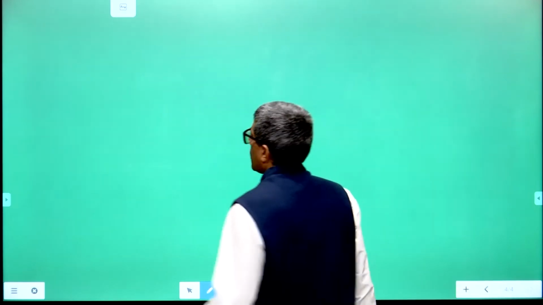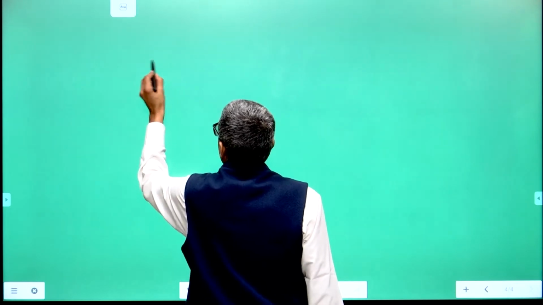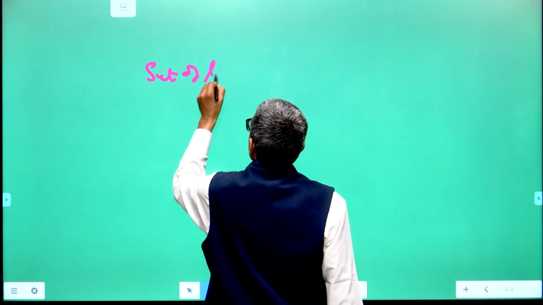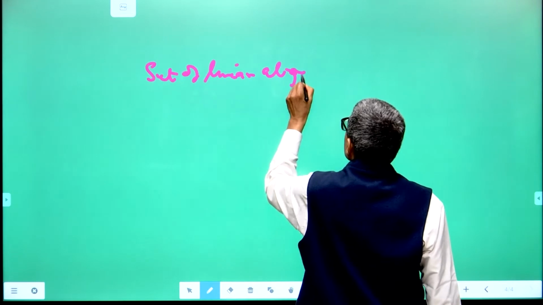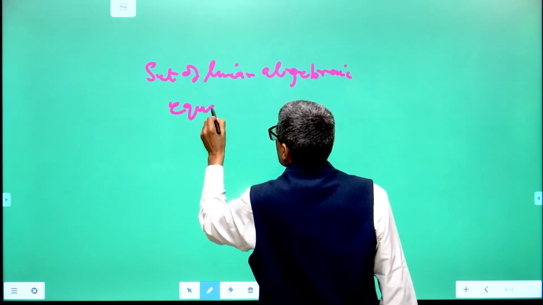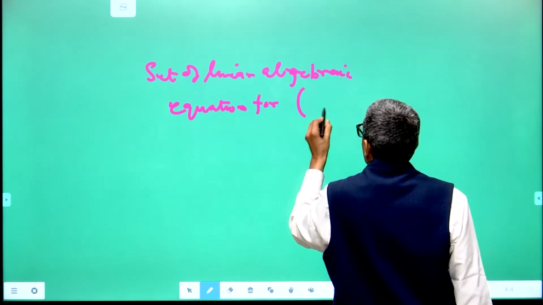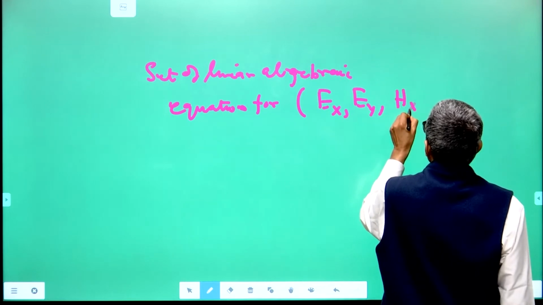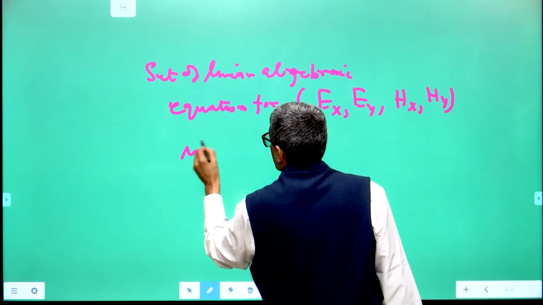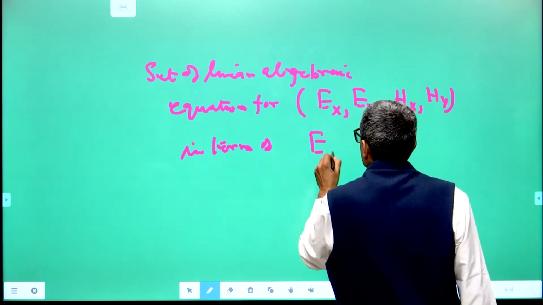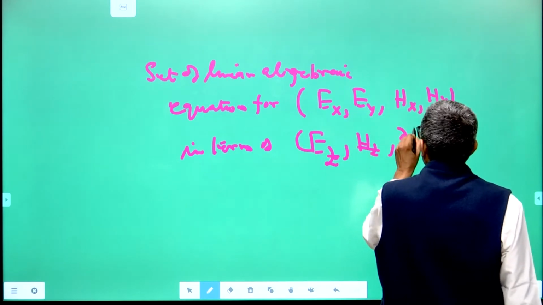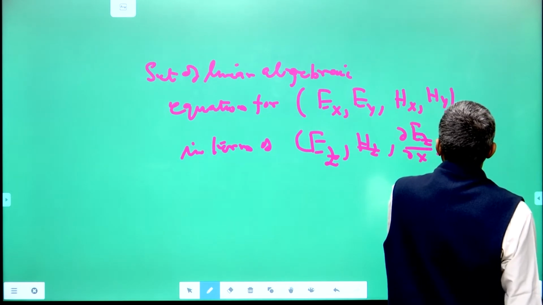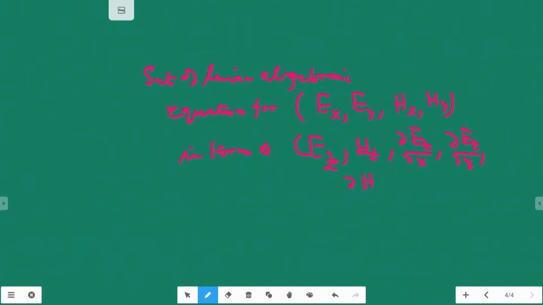So, you get a set of linear algebraic equations for Ex, Ey, Hx, Hy in terms of Ez, Hz, dou Ez by dou x, dou Ez by dou y, dou Hz by dou x and dou Hz by dou y, and when you solve them, you express your answer for Ex, Ey.